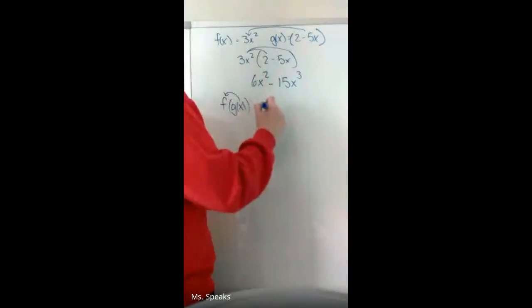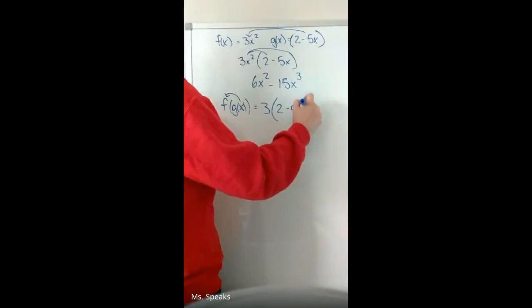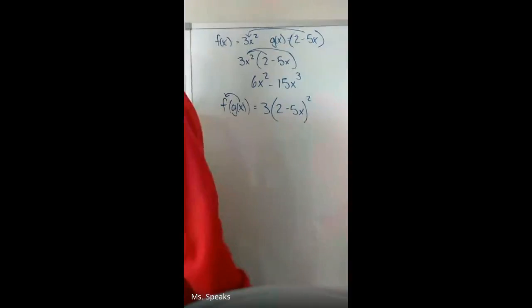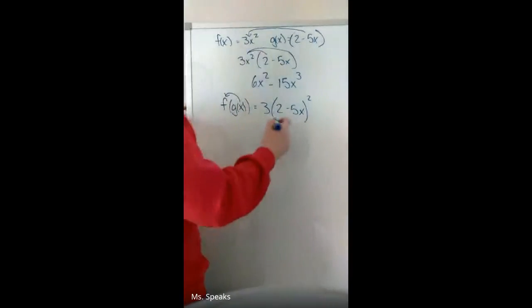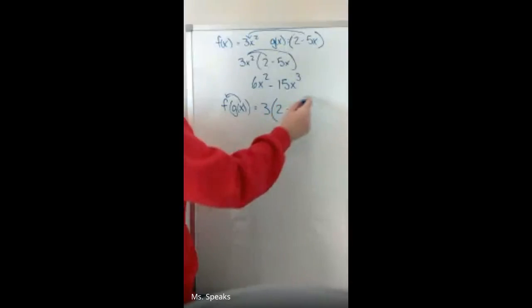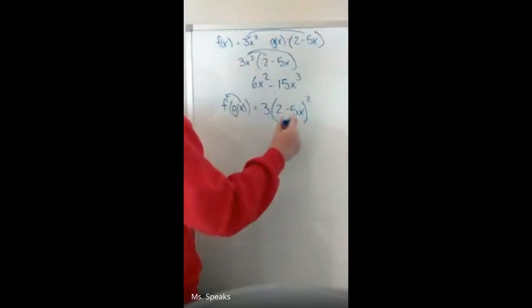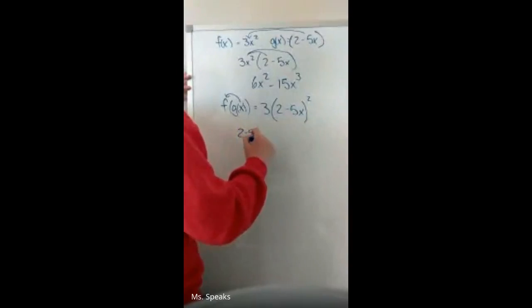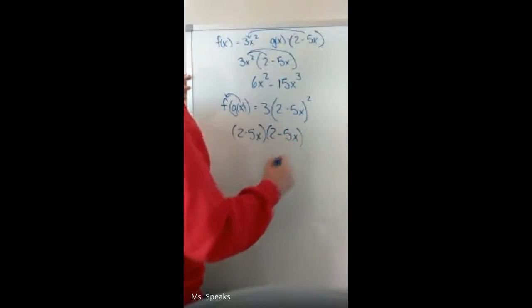So now I have 3 parentheses, 2 minus 5x squared. All right, I plugged g into f. And remember, this is the tricky one. If I'm squaring something, I can't just square 2 and square negative 5x. All right, I have to actually FOIL this out. So I have 2 minus 5x times 2 minus 5x.